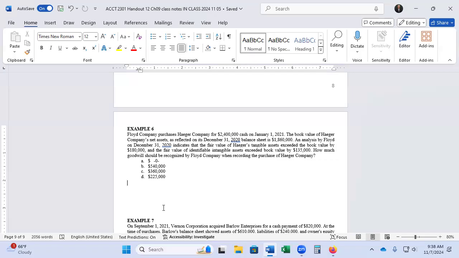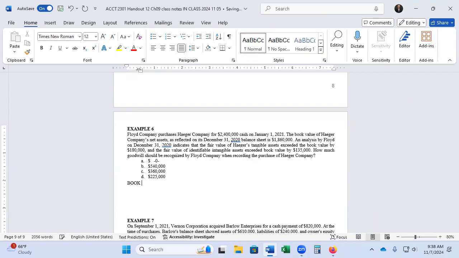So that company, when it originally bought them, had the historical cost of 1.86 million. How long ago could they have bought it? Who knows, right? So we're only concerned with fair values. But it does tell us that the assets exceed the book value by 180,000 and intangible assets exceed the book value by 135,000.